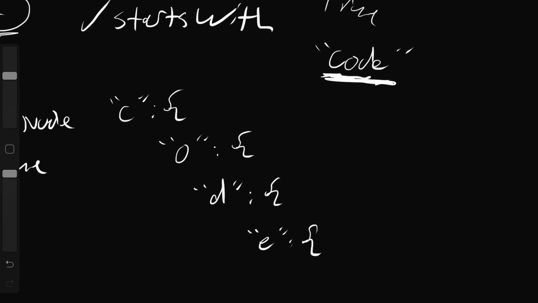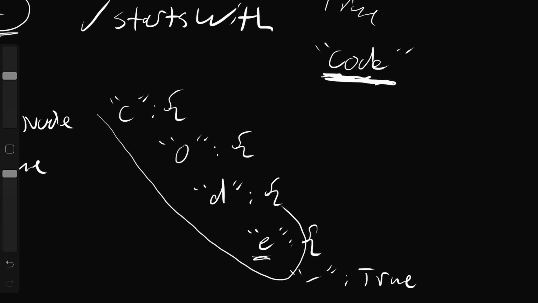So then we have to put the dash here with the value of true to signify that code is in fact a valid string. And so what this will look like is in the very last value in E, we'll put a dash string with the value of true. So again, this means that the word code is valid because we have this right here.